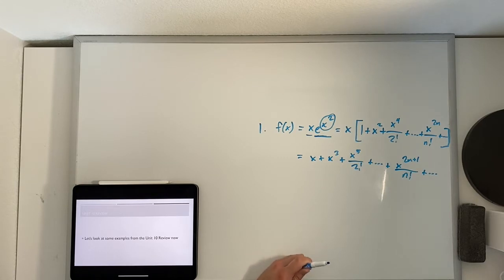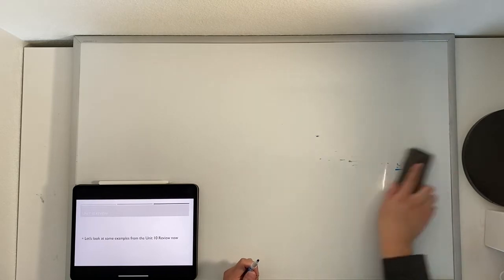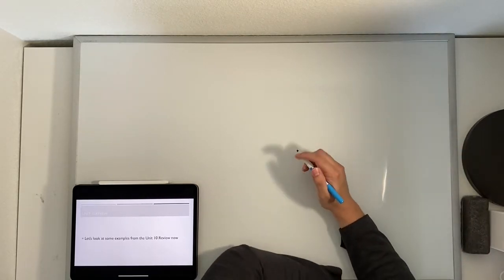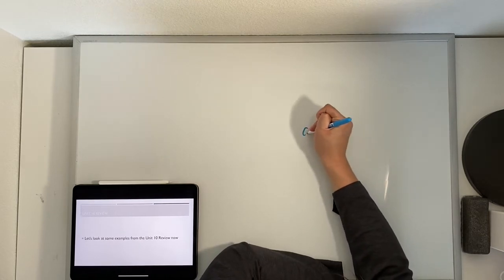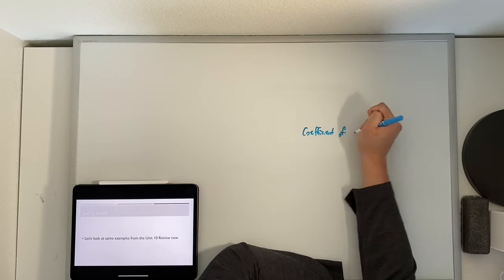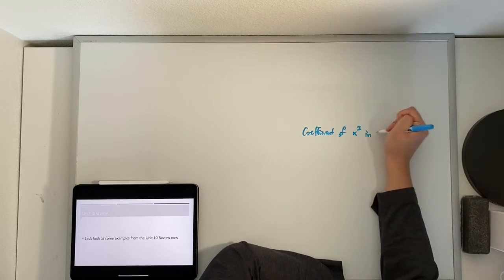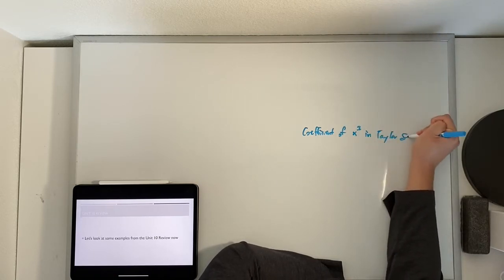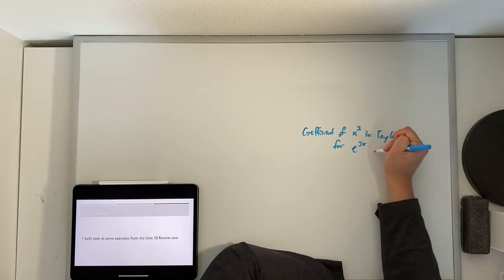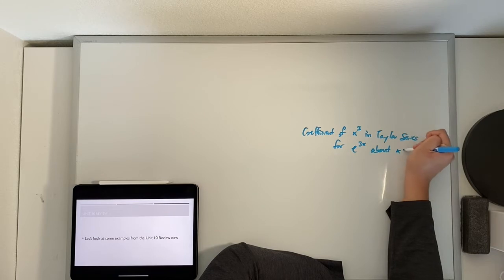Okay, the last problem I'd like to go through from the Unit 10A review is the very last page in Section 3. I want to do the second to last multiple choice question. All right, so it wants us to provide the coefficient of x cubed in the Taylor series for e to the 3x about x equals 0.